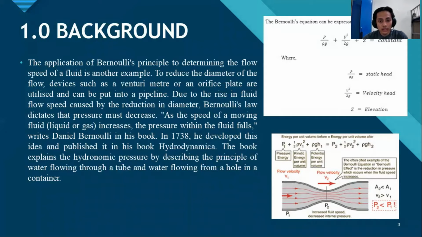Due to the rise in fluid flow speed caused by the reduction in diameter, Bernoulli's law dictates that pressure must decrease. As the speed of a moving fluid, which is liquid or gas, increases, the pressure within the fluid falls, wrote Daniel Bernoulli in his book.